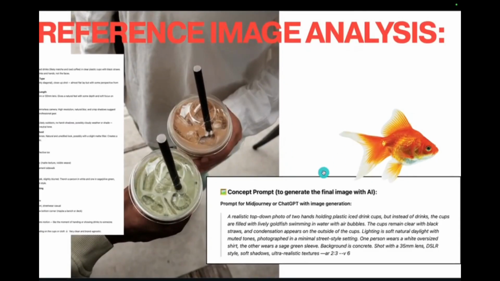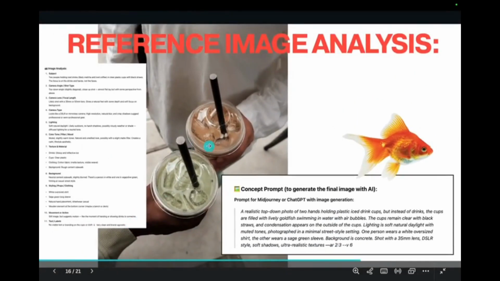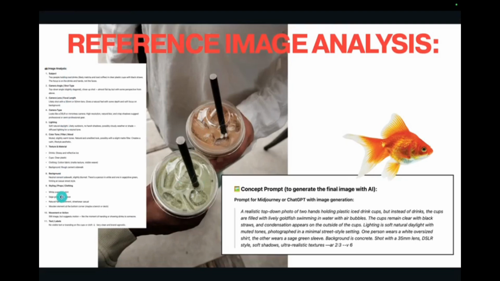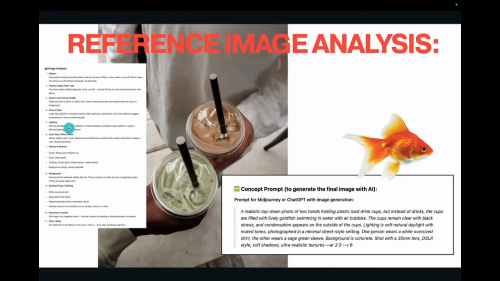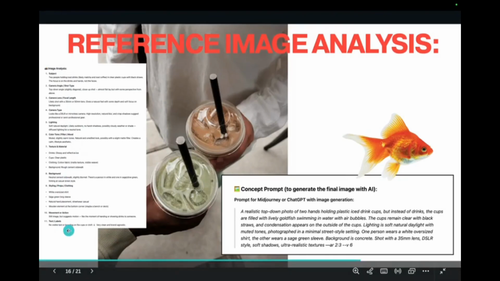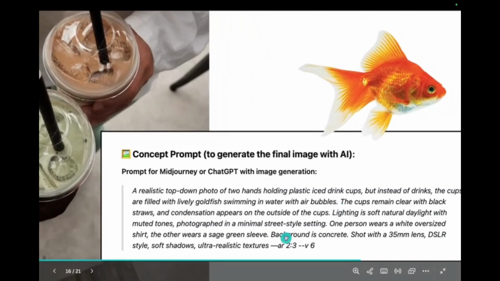So I wanted this goldfish to be inside these coffee cups, and this is the prompt I got. The process was: I gave the chat the image and asked it to analyze by my settings, then the chat filled in all the details for me. So I don't need to know which filter, light, whatever, everything is filled. And here, this is what I got in the end.